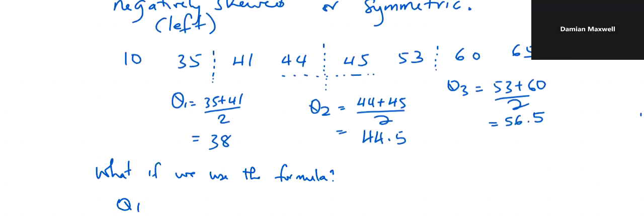You can do the manual way. Q1 would equal 1/4 times n plus 1. How many data values do we have? 8. So 8 plus 1 is 9. What's 1/4 of 9? 2.25. So 2.25 is telling you the position.